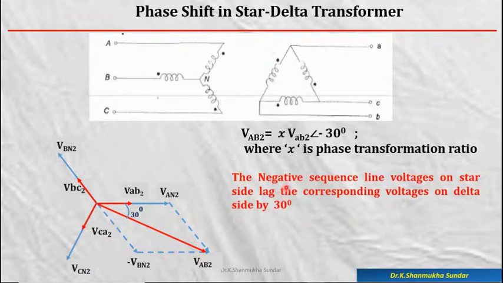That means the positive sequence line voltages on the star side lead the corresponding line voltages on the delta side by 30 degrees. Is it clear? When it is excited with negative sequence voltages, then the star side quantities lag the delta side quantities by 30 degrees. So this is what you should remember. This is the phase shift which it will undergo.